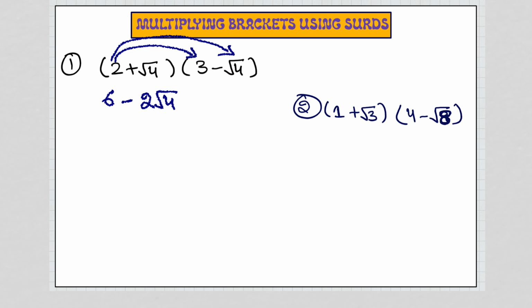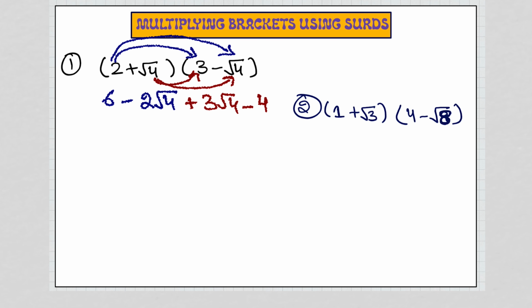We'll just write it outside the surd, 2 root 4. Now the next one is root 4 times 3 would be plus 3 root 4, and root 4 times minus root 4 would be just minus 4.